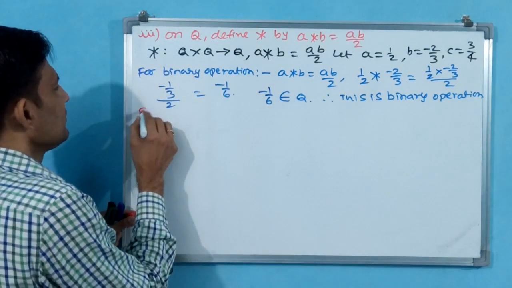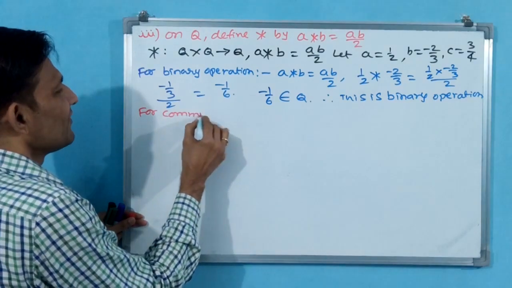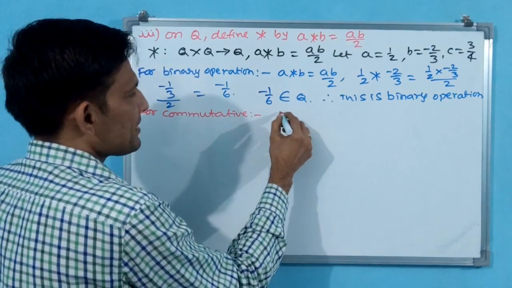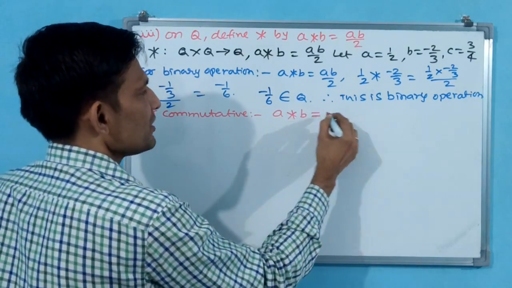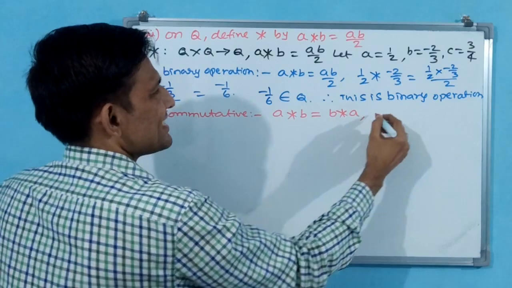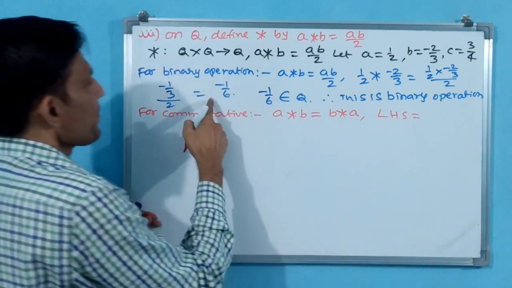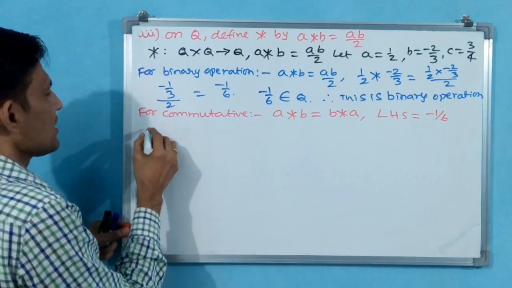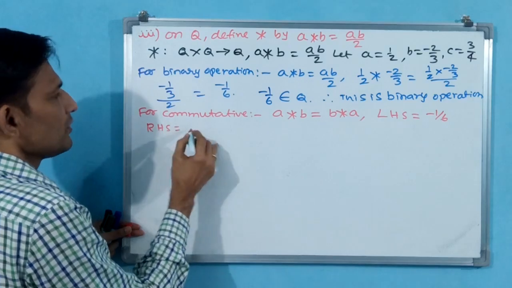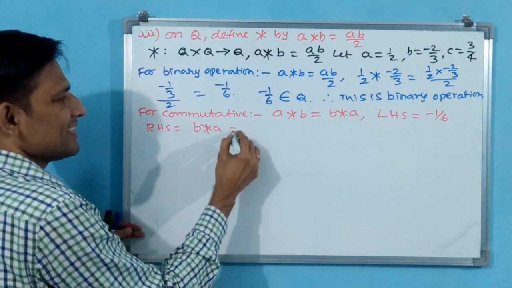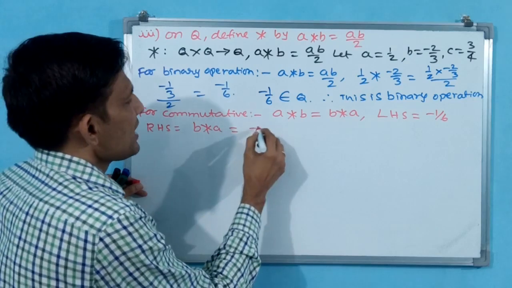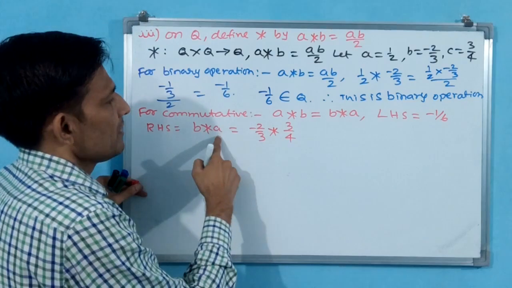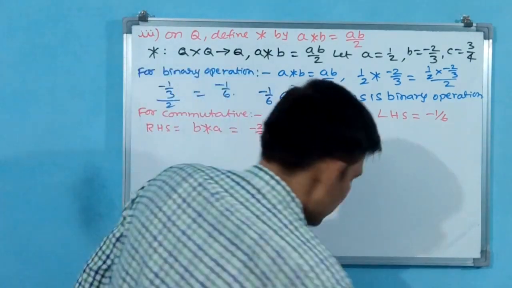For commutative, what will be the commutative property? A star B should equal B star A. LHS we are having, LHS is equal to minus 1 by 6. You need not redo it, this is A star B again. B star A, you see, RHS is equal to B star A, that means minus 2 by 3 star 1 by 2.